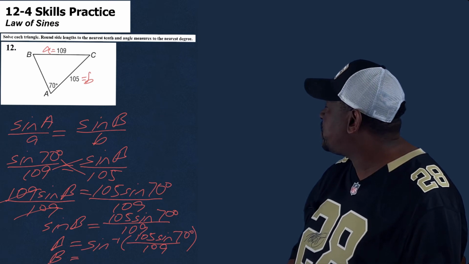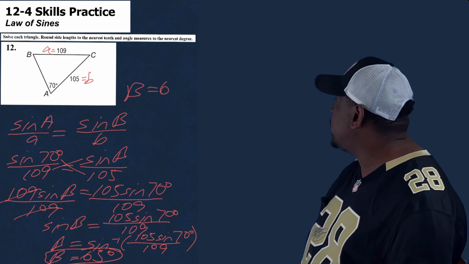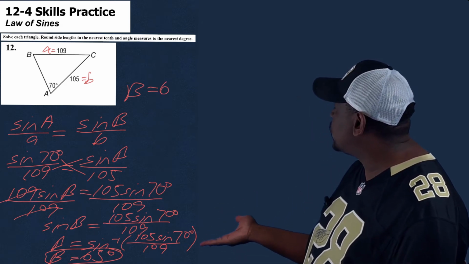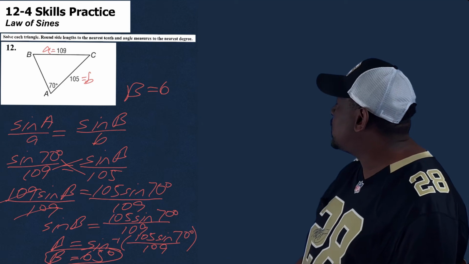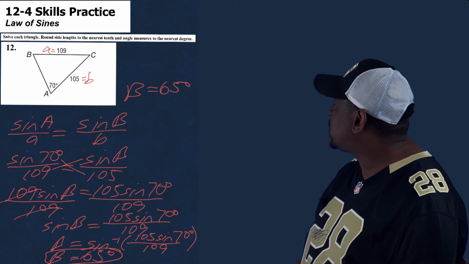So it's taking the NOLA MATHMAN a minute here to get the value. And so we end up getting 65 degrees. They say round it to the nearest degree. So angle B is 65 degrees, as you can see here at the bottom of the screen. So we have 65 degrees for angle B.